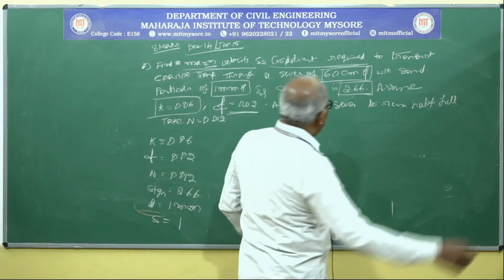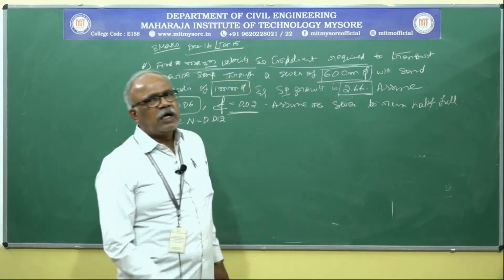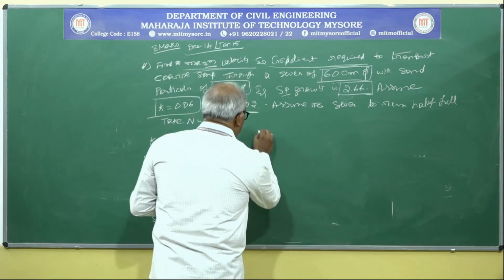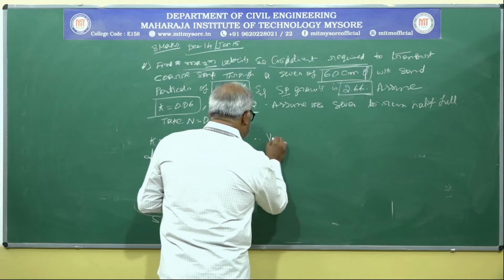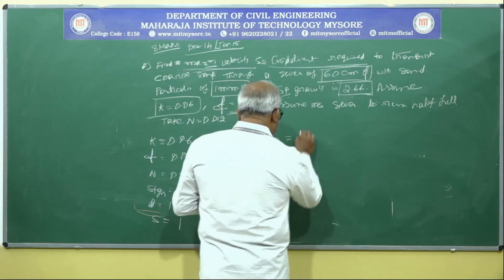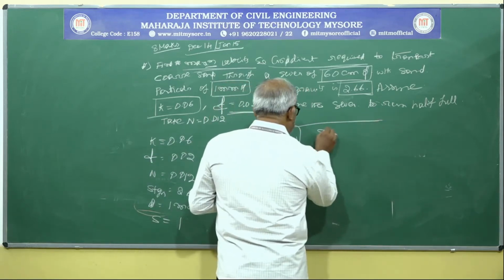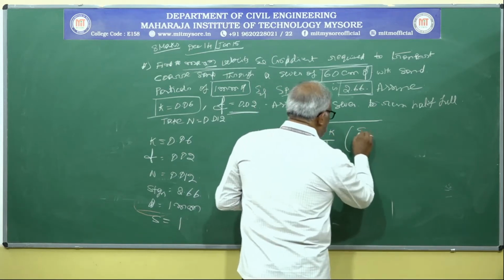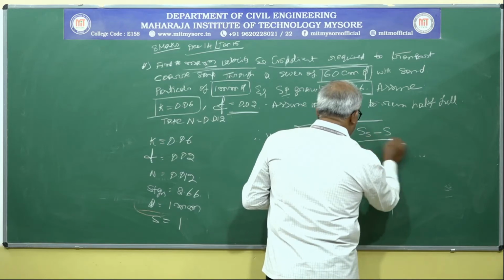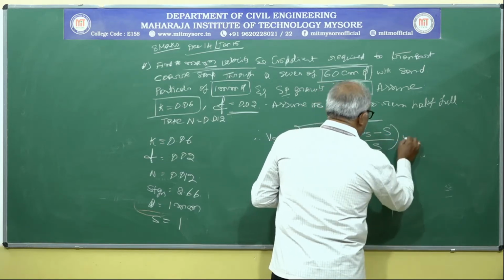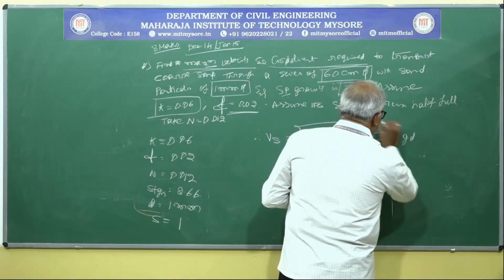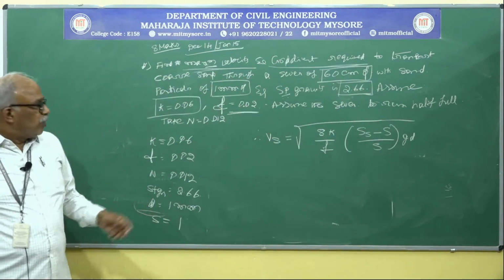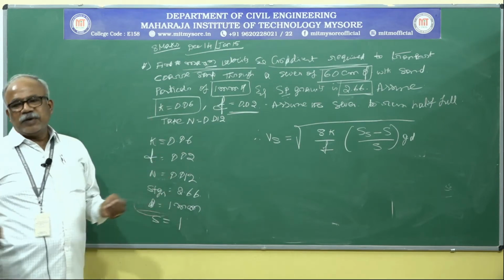So only one equation, as I mentioned very clearly even in the previous class: V suffix s equals root of 8k divided by small f into (S suffix s minus s) whole thing divided by s, into g d. This is the equation we have to use for this problem because of the data given.